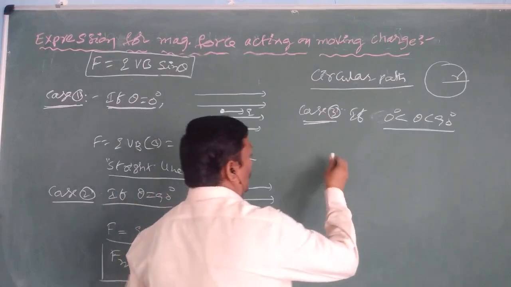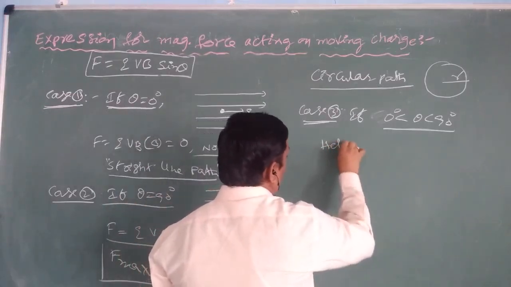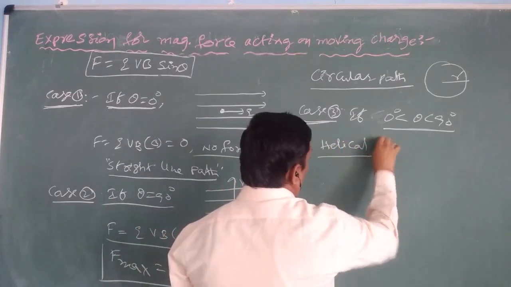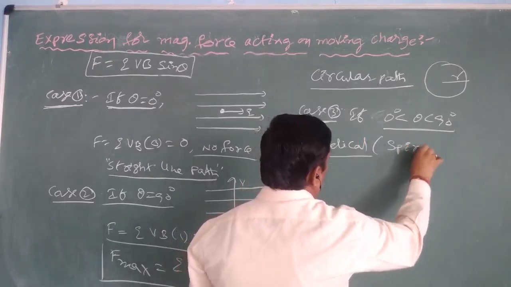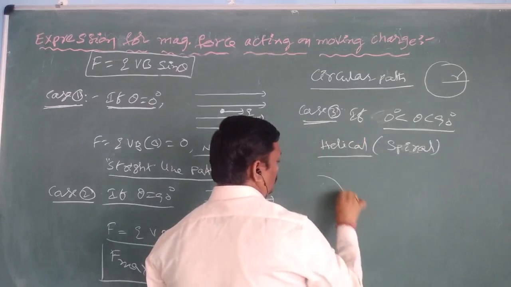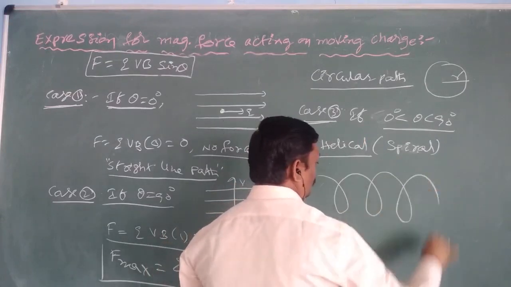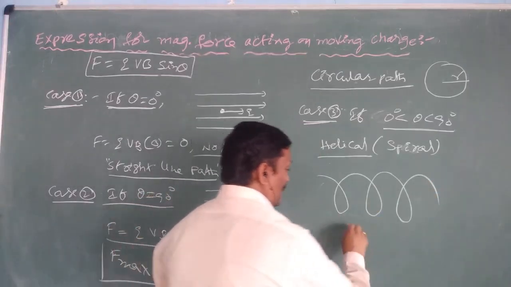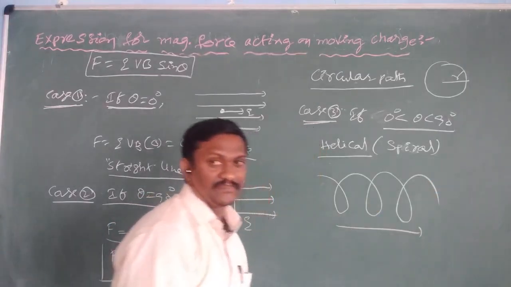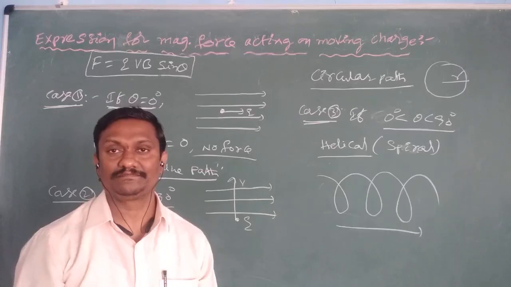The particle follows a helical path, or spiral path, or spring path. The particle follows a circular path and a linear path at the same time. That is called a variable circular path.